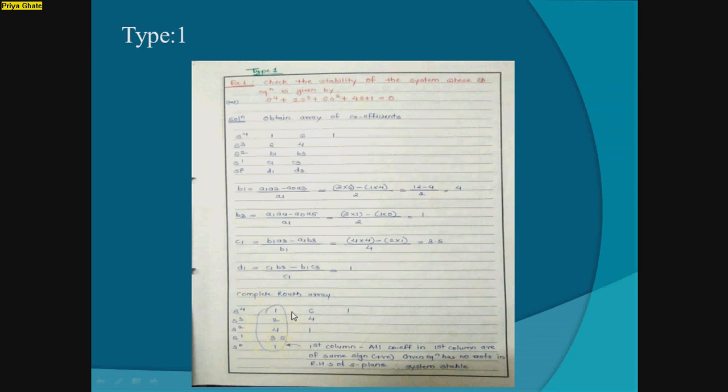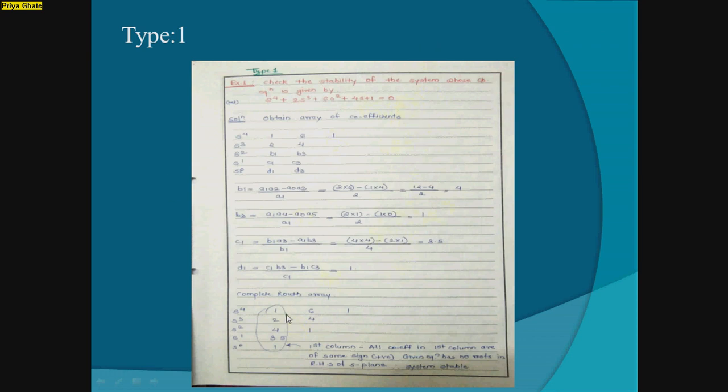Now we have to see this first column to check the stability of the system. In the first column, all coefficients are of the same sign, it means positive sign. The given equation has no roots in the RHS of the S-plane, that's why the system is stable. It means on the right hand side we are not having values.